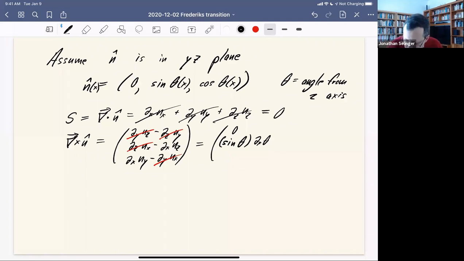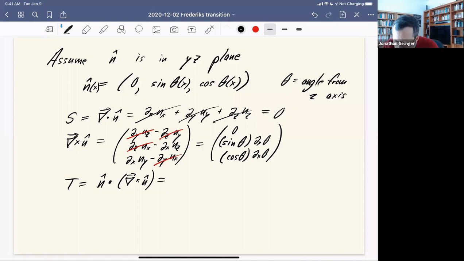Okay. And then there's a term that's dx of ny. So that is cosine theta dx of theta, like that. Okay, so let's see what's the twist. So the twist is n dot del cross n.